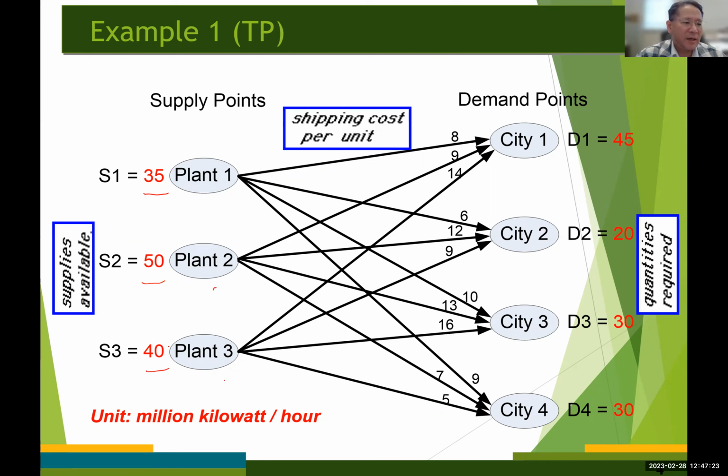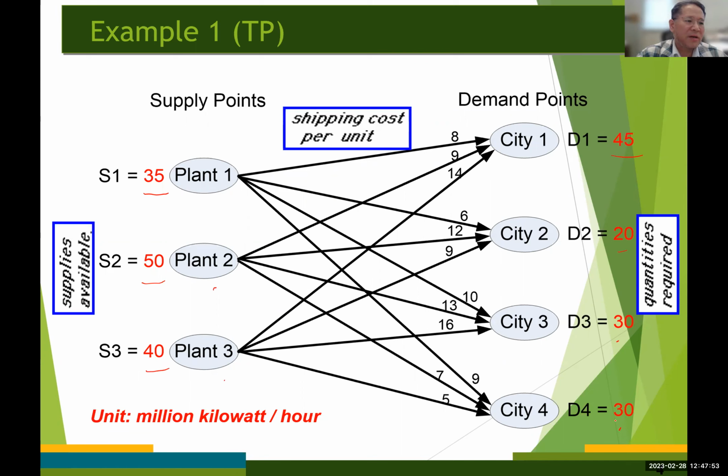The peak power demand in city number 1, which occurs at the same time, is going to be 45 million kilowatt-hours. In city number 2, that's going to be 20 million kilowatts. City number 3 would be 30, and city number 4 would be another 30 million kilowatts.